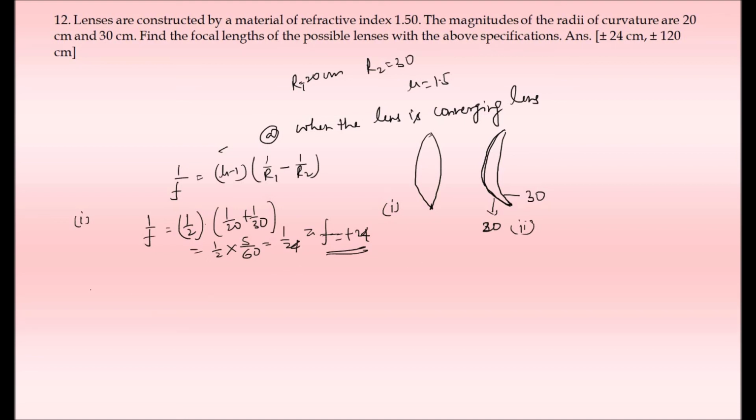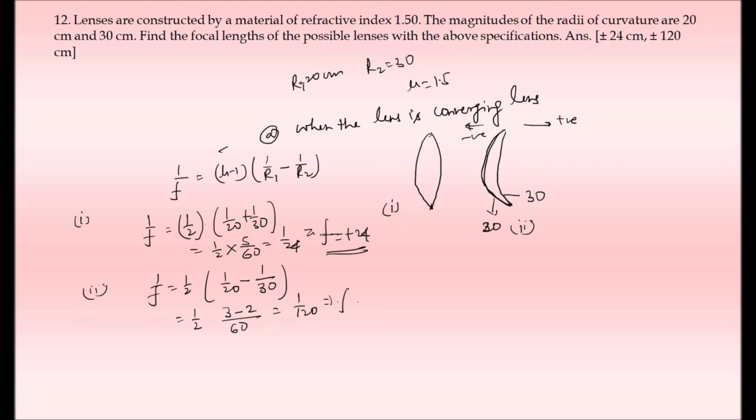And if we see the second figure, then here 1 by f is equal to 1 by 2 into 1 by 20 minus 1 by 30. So here this direction is positive, opposite direction will be negative. So clearly 1 by 2 into 3 minus 2 by 60, that is equal to 1 by 120.